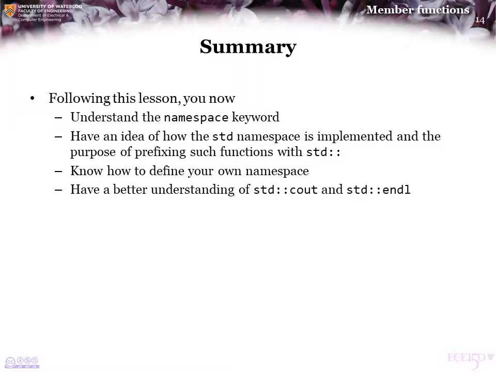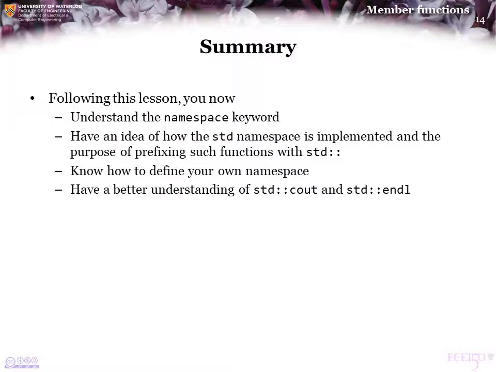So, following this topic, you now understand the namespace keyword, you have an idea as to how the standard namespace is implemented and the purpose of prefixing such identifiers with std::.